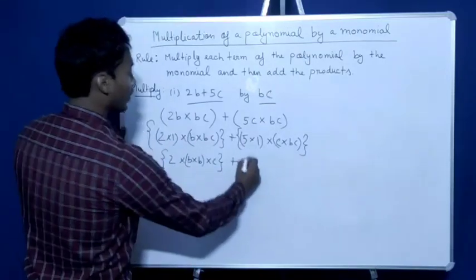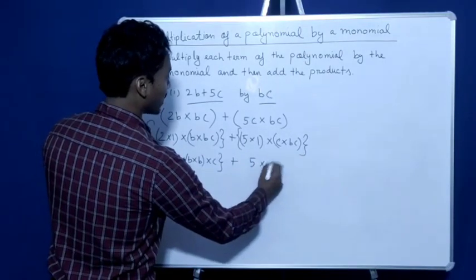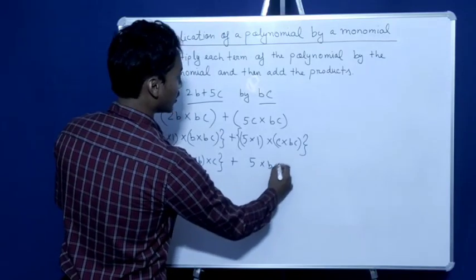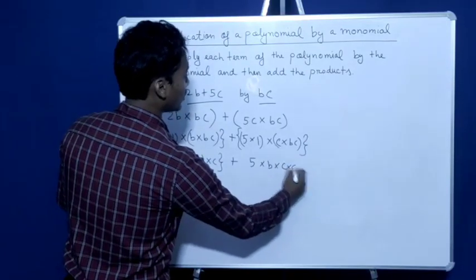Then 5 ones are 5 multiplied by b into c times c, we can do together.